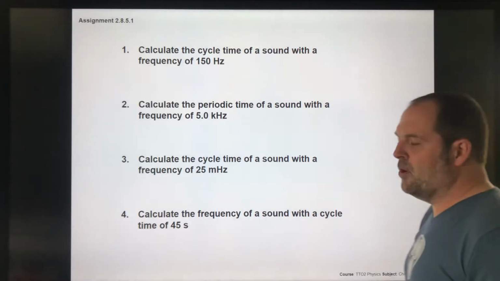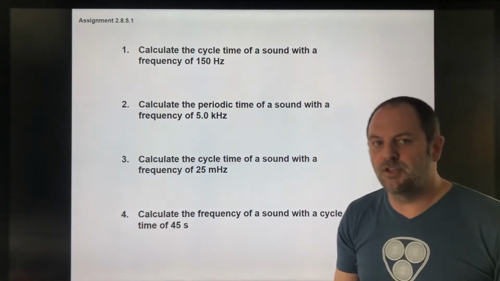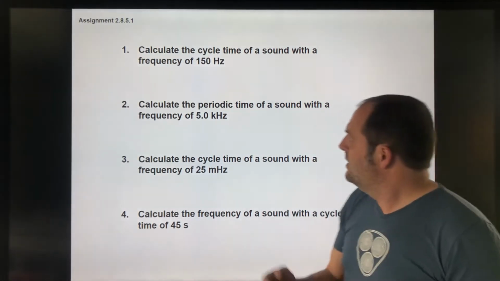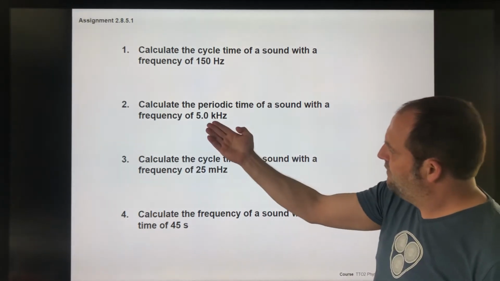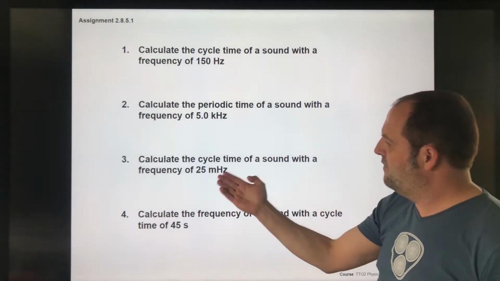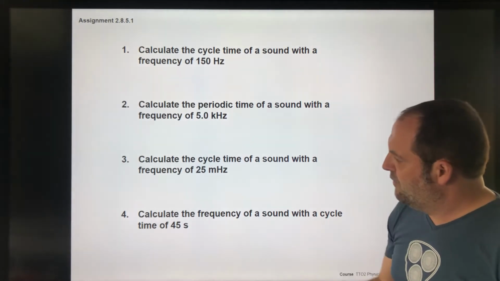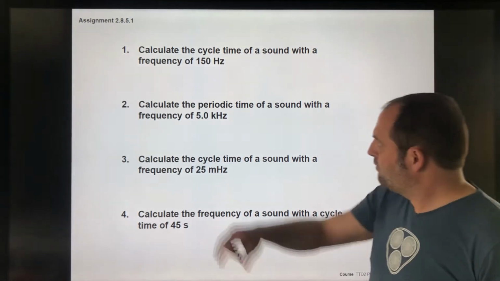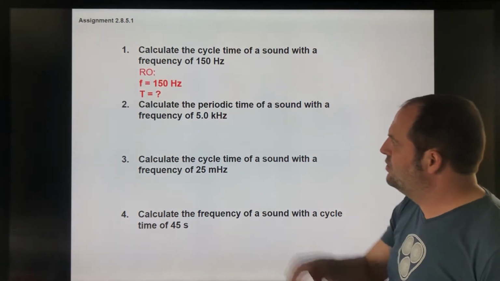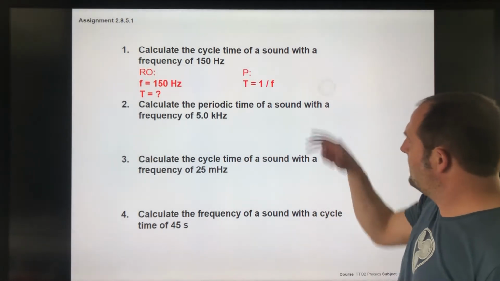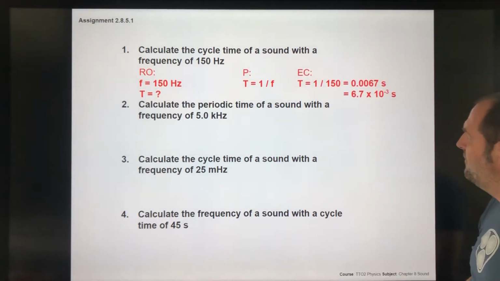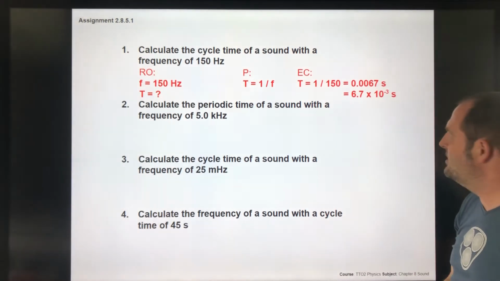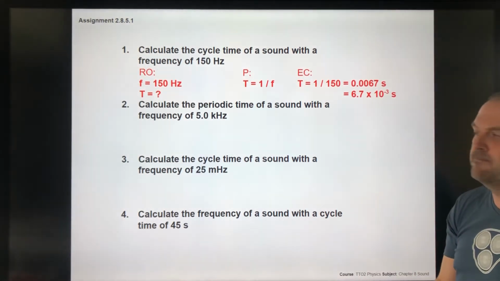Okay, the most important thing over here is that you make sure that you work with standard units. You see over here 150 hertz, 5.0 kilohertz, 25 megahertz and 45 seconds. Now, the first one is easy, that's the standard unit, so you can just fill in the formula. 1 divided by 150, you get 6.7 times 10 to the power of minus 3 seconds.